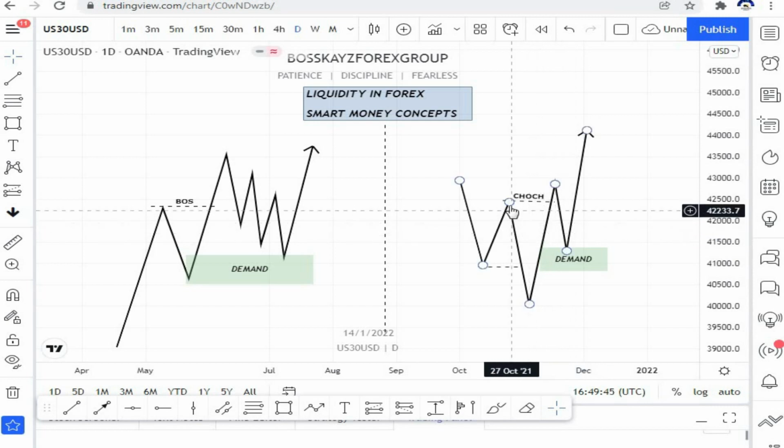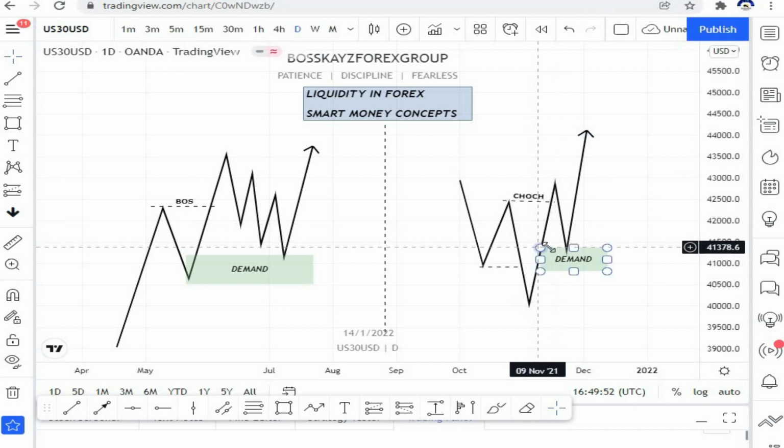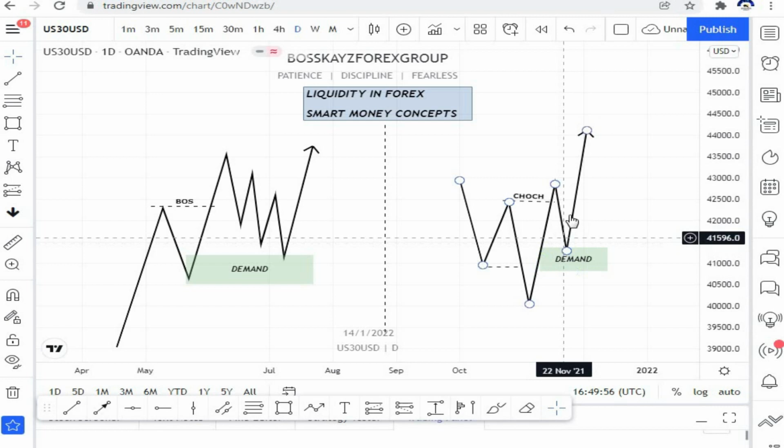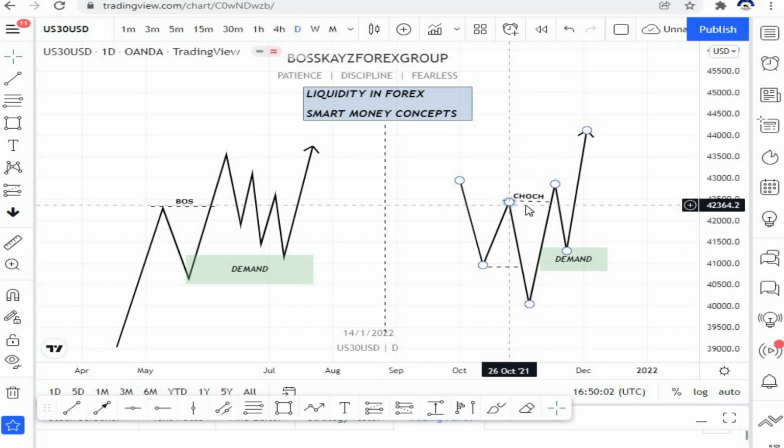Meaning, as you can see here, guys, they took out the lower high, creating a new high. They'll come back to the OB or the demand zone which was responsible for breaking the structure, and that's where we look for our entries. That's a change of character.